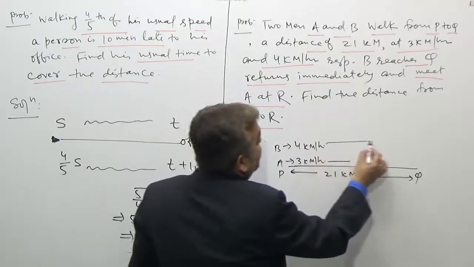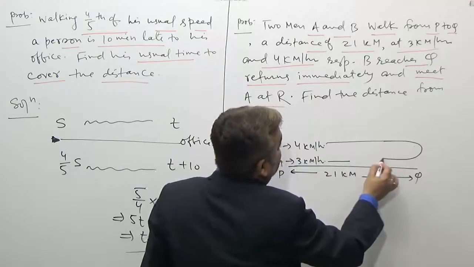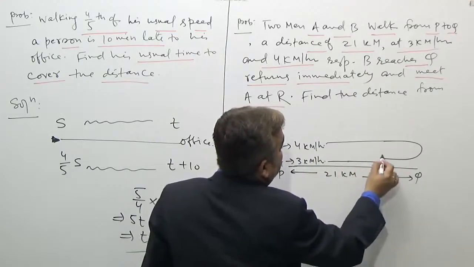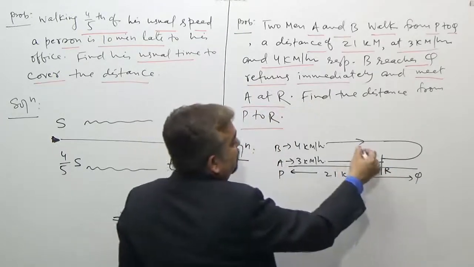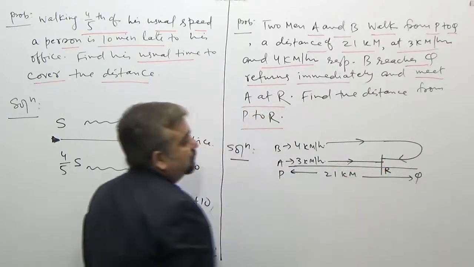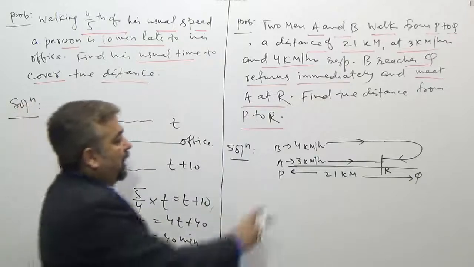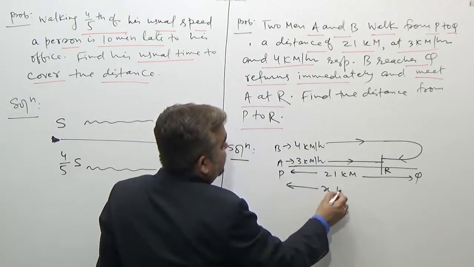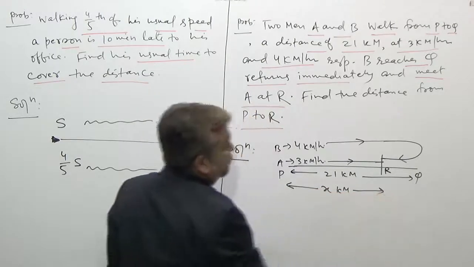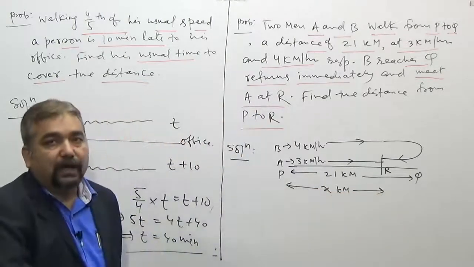B reaches Q and immediately returns and meets A at R. We have to find the distance from P to R. Suppose this distance is x kilometer. So we have to find x.